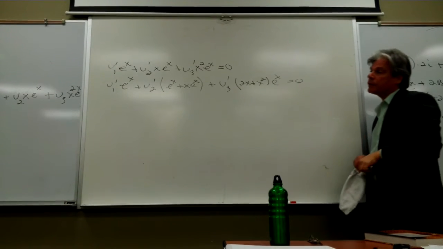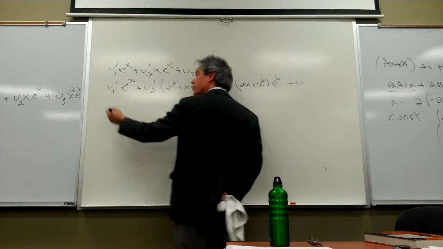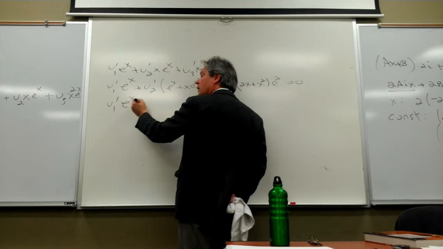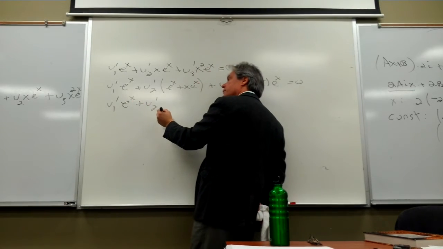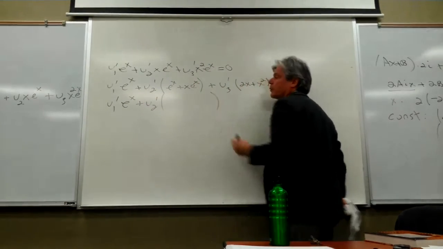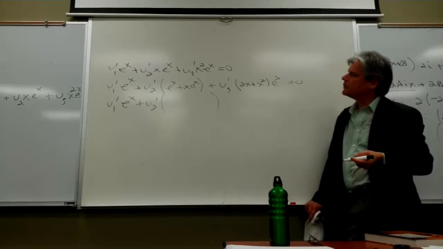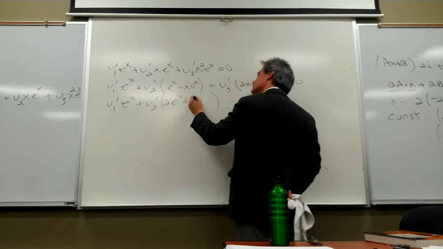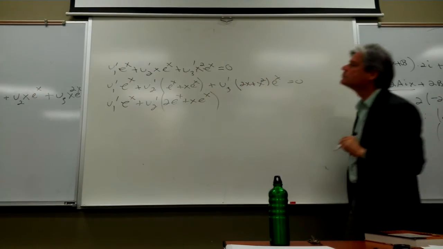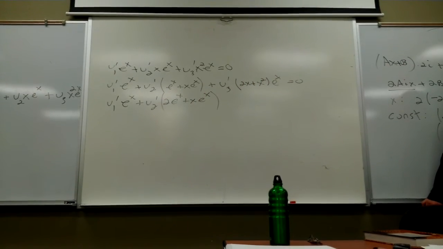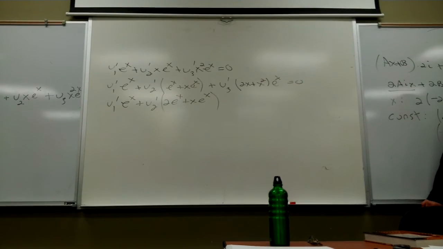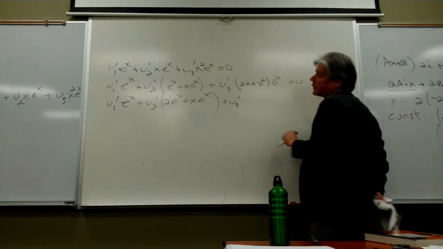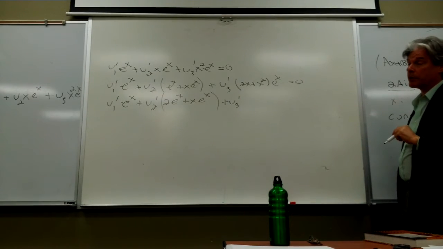And I think my third equation is going to be u1 prime times y1 double prime plus u2 prime times y2 double prime plus u3 prime times y3 double prime.